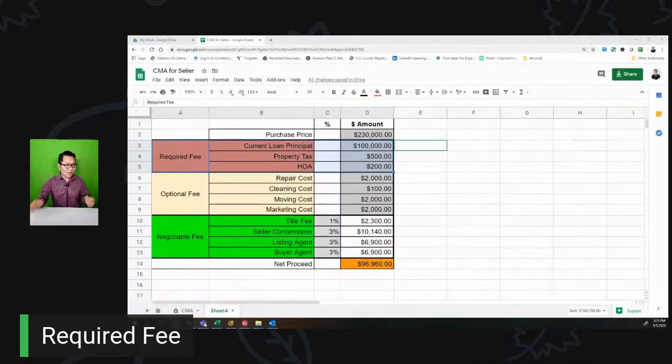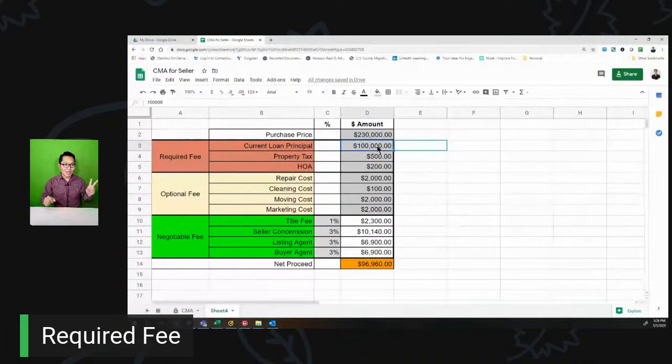If you sell a house, let's say in this specific example right here, for $230,000, and you still have $100,000 in your mortgage principal, that is something that you have to subtract, and you cannot do anything. You cannot say, hey, can I pay you later for that $100,000? No. You have to pay it at the close of the transaction.